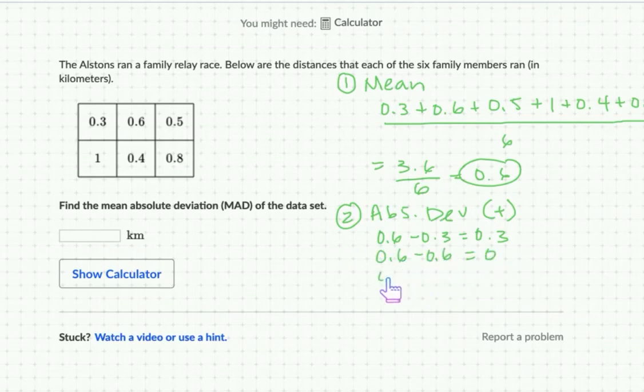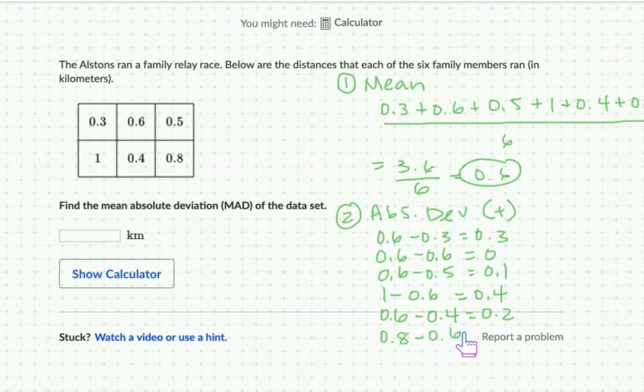It's the same number. 0.6 is 0.1 steps away from 0.5. And for 1, it's 0.4 steps away. 0.4 is 0.2 steps away. So I'm just doing subtraction. I'm taking the bigger number and subtracting the smaller number, so I can always get a positive answer. And the last one is also 0.2, just in the opposite direction.